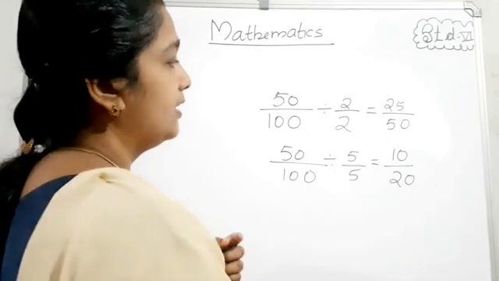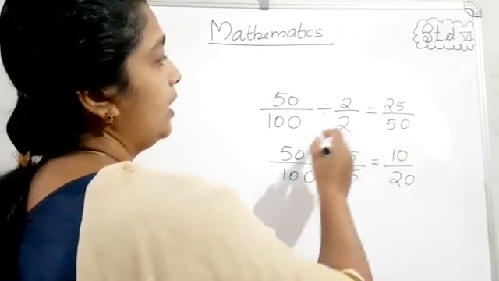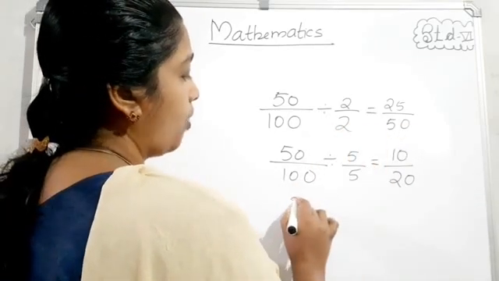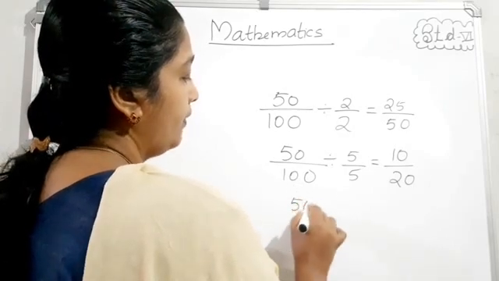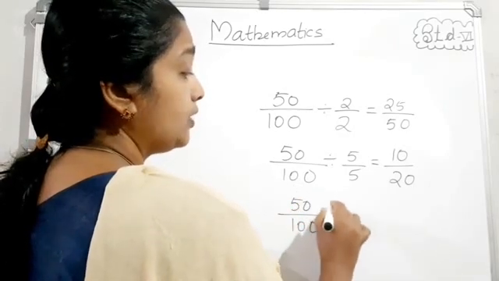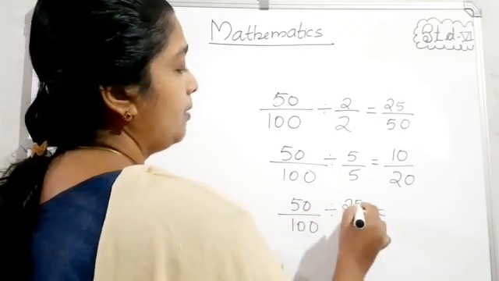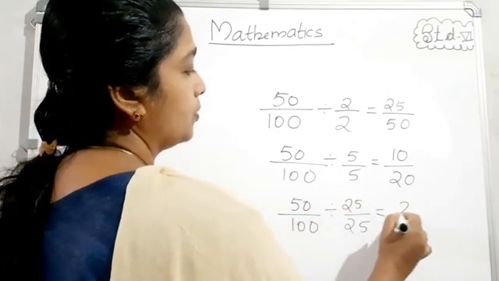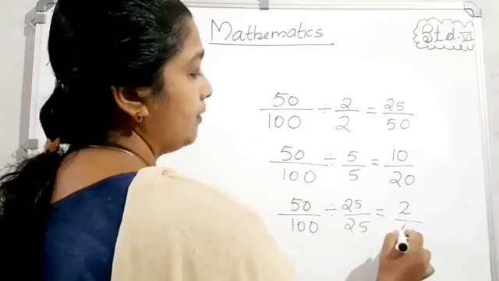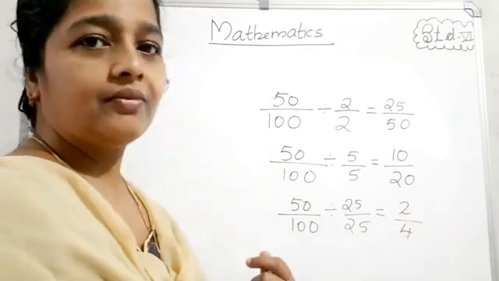Understand? Yes. Then 25 is a common factor, isn't it? So 50 by 100 divided by 25 also we can take. That equals 50 by 25, 2, by 100 by 25, 4.